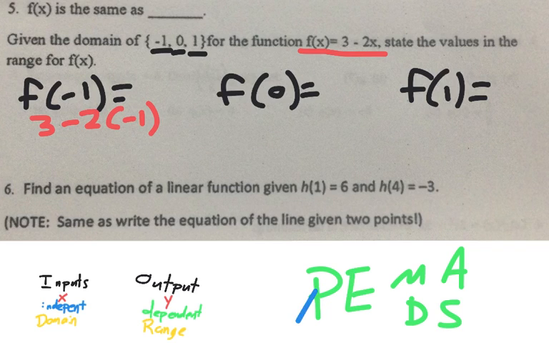No. Are there any exponents? No. Is there multiplication or division? So we do it next. I'm going to multiply -2 times -1, which is +2. Bring down the 3. 3 plus 2 is 5. So when I plugged in -1, the output was 5.